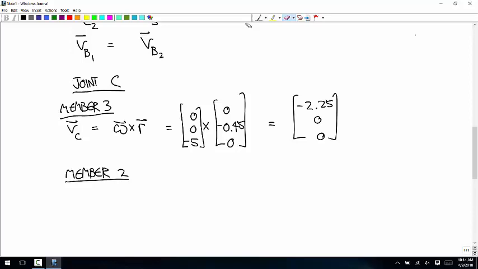And member 2 doesn't have any fixed point, so there's no point that we can assume the velocity is 0.